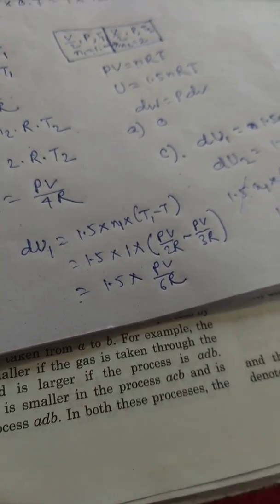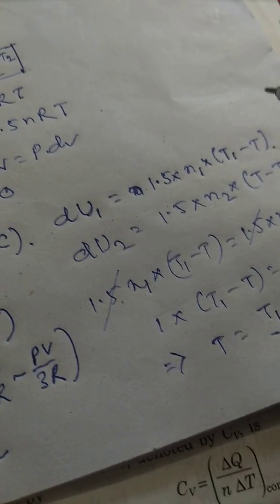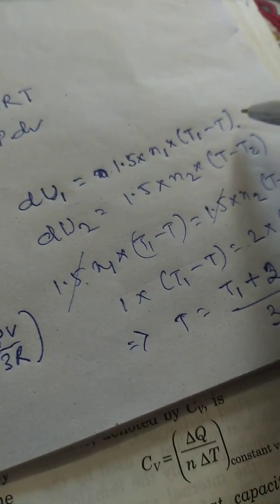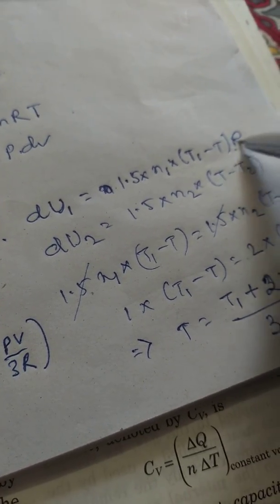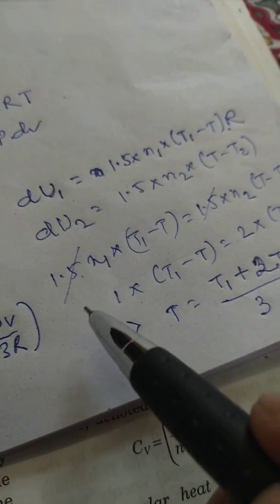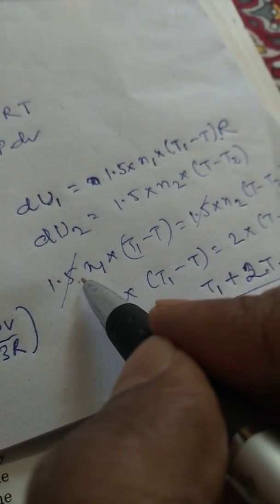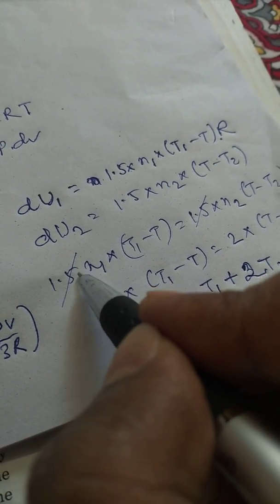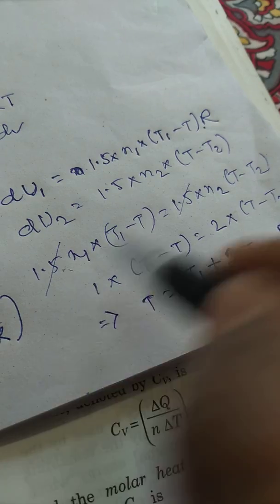Oh, I have not written any R in the whole procedure, okay? So here there will be an R, there will be an R, 1.5 and 1R. Though the answer of the C part will not change, because here will be an R and even here will be an R, so they will get cancelled.